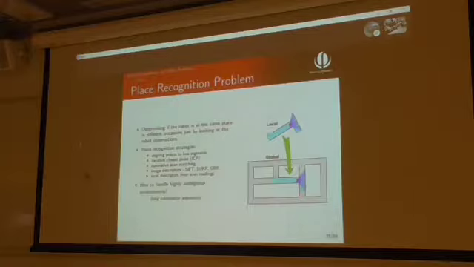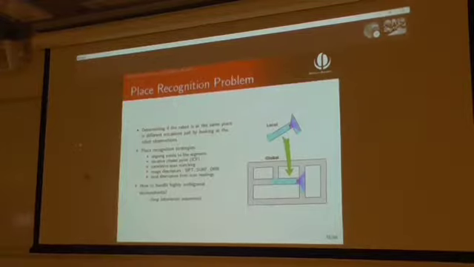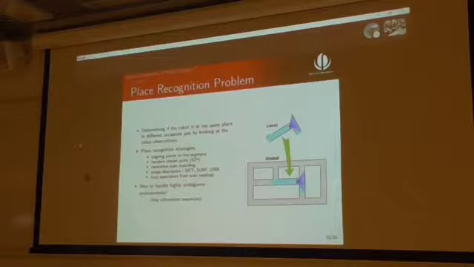So there are lots of place recognition strategies. For instance, align points to line segments, because in SLAM, the approach incrementally builds a map, and then we can compare the local observation, the observations of the objects surrounding the robot, with the objects in the map that is being built.